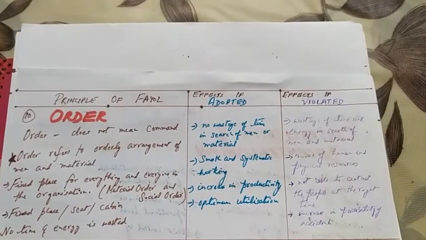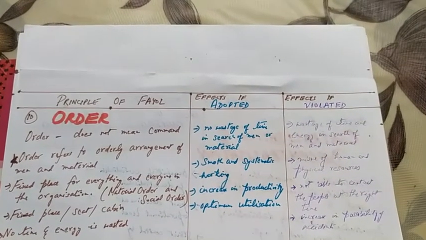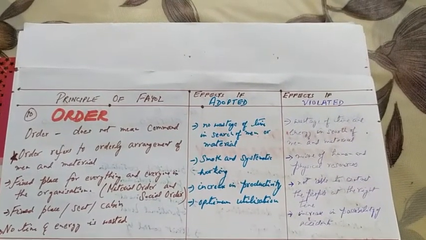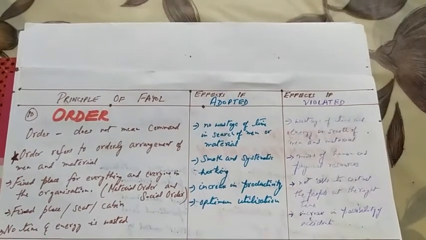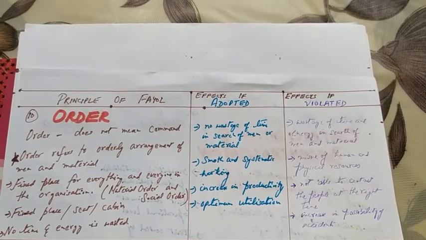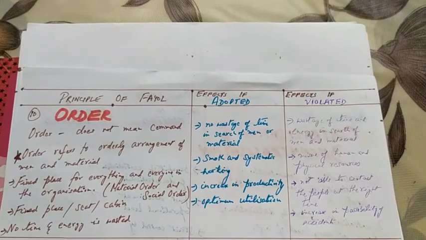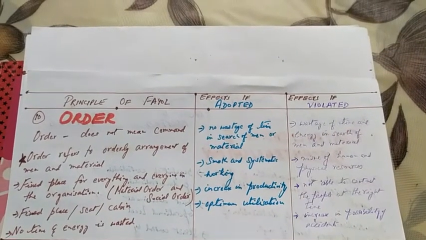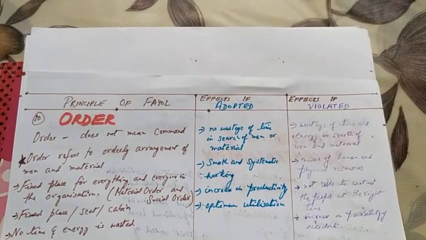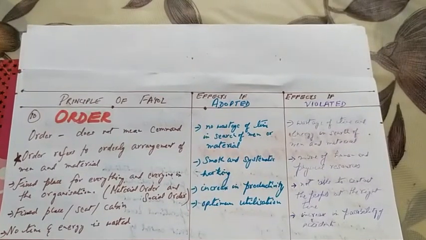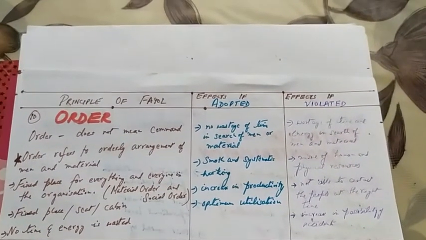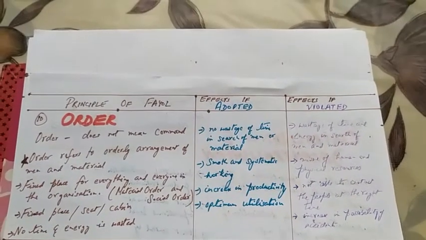That is, Fayol wants that in an organization, there has to be a fixed place assigned for all material and also for everyone in the organization, that is, the people who are working in the organization. So there has to be a fixed place for everything and everyone in the organization.